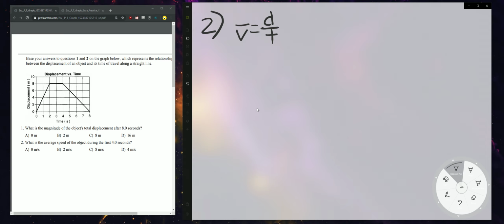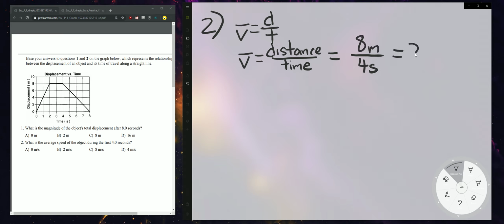Since it's speed, your speed is going to be v, and your d must be distance. And then your t is always going to be time. And so what is the total distance traveled in the first 4 seconds? Well, you went from 0 to 4. You see at that point, at 4 seconds, you're at 8 meters, so you traveled 8 meters. And so you calculate this, and then you get 8 meters per second. So that's your average speed.